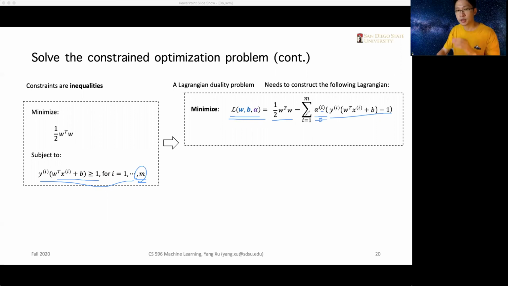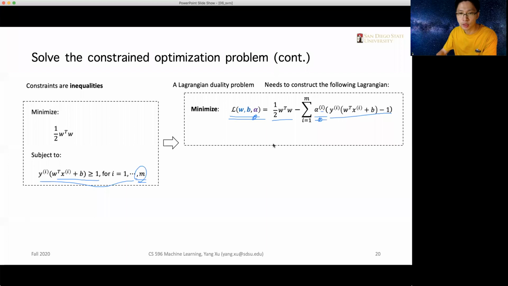Because we introduced alpha, this alpha is a vector indicating all the alphas used here. So now this Lagrangian is something we want to minimize not just with respect to W and b, but also a new variable alpha.